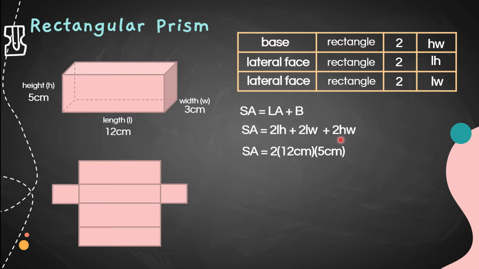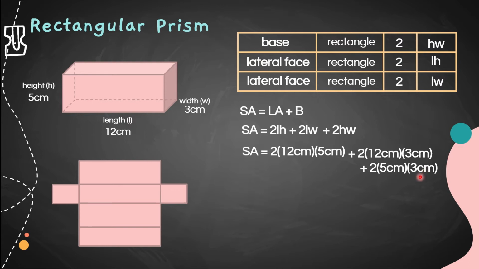So we have 2 times the measurement of the length, which is 12 cm, times the measurement of the height, which is 5 cm, plus 2 times the measurement of the length, which is 12 cm, times the measurement of the width, which is 3 cm, plus 2 times the measurement of the height, which is 5 cm, times measurement of the width, which is 3 cm.